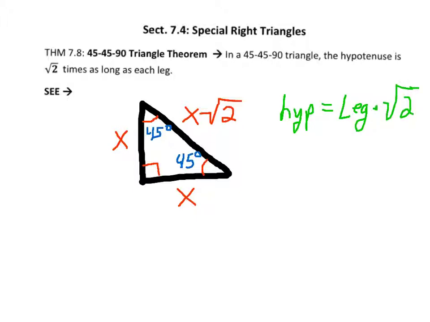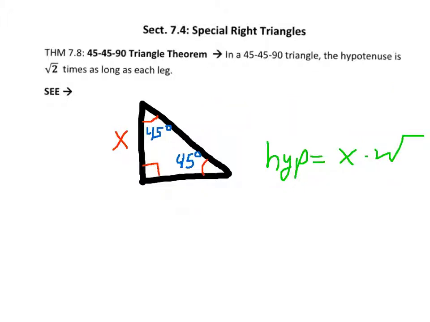Whatever I put in, if I want to find the hypotenuse, all I need to know is this x, and I can find it. We could even simplify this further and say the hypotenuse equals x times the square root of 2. Sorry about that, for some reason my eraser doesn't work. This is the square root of 2. All I've done is replace the leg with x.